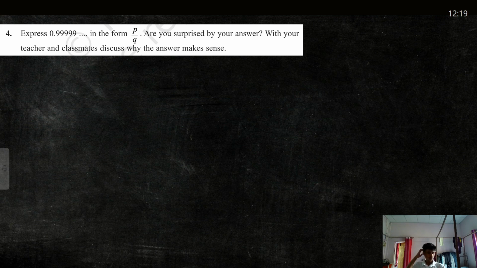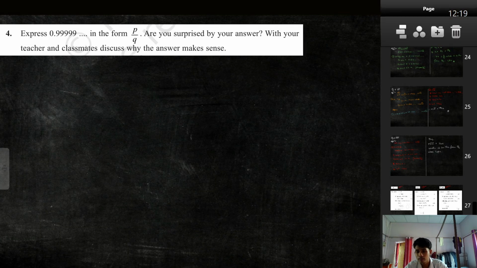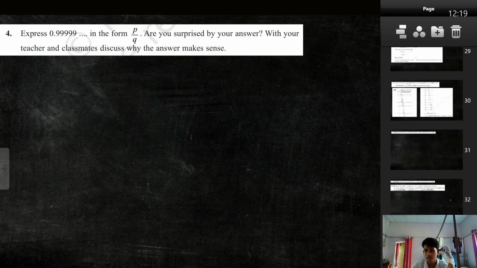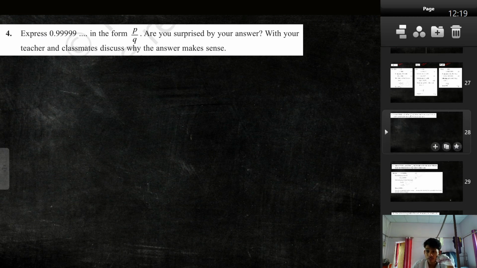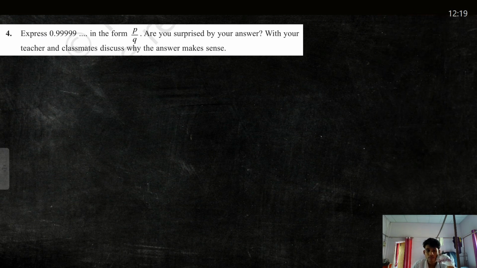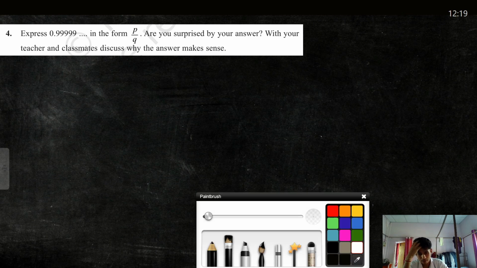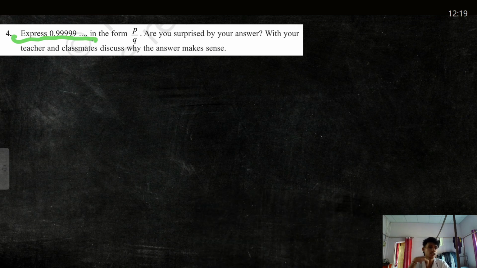Now let us come to question number 4. Here it says, express 0.99999 in the form of P by Q. And are you surprised by your answer?